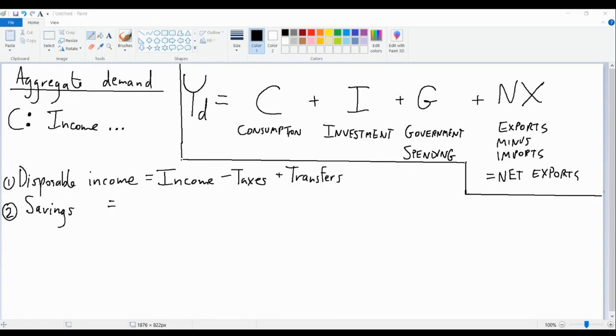Please contribute. Better raise your hands though. It's easier. Could be from your income, right? If I have savings right now, it must be from my past disposable income, some of which I decided not to spend, and now it's still around in the form of savings.